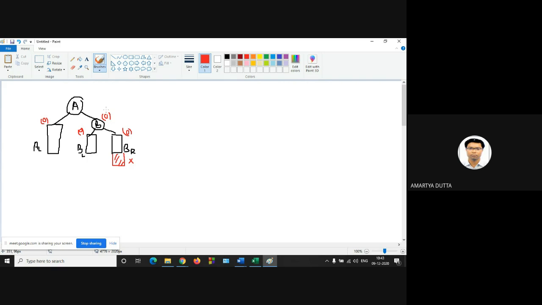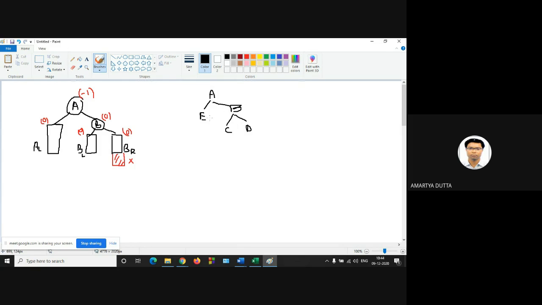So what will be the balance factor of A? Minus 1. Why not plus 1? It will be minus 1 because the height of the right subtree is greater than the left subtree. Say for example, this is A, this is B, let C and D, and let this be E. So this is the tree structure.